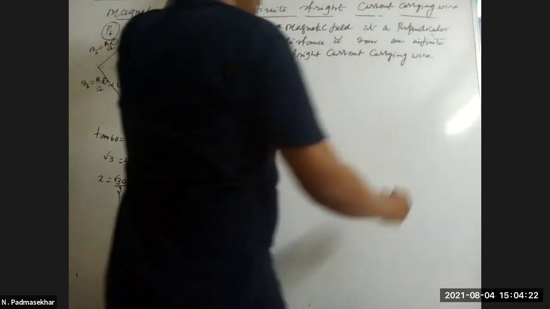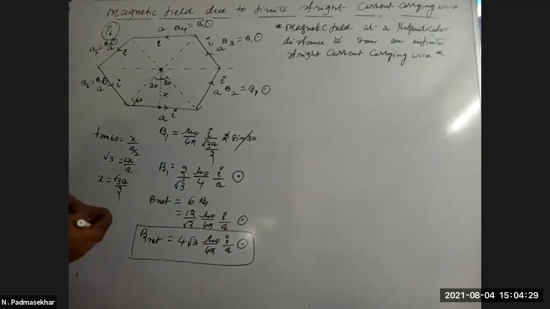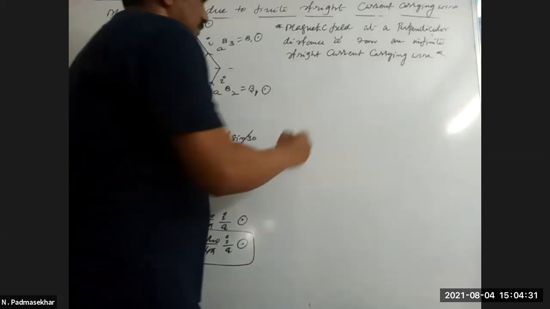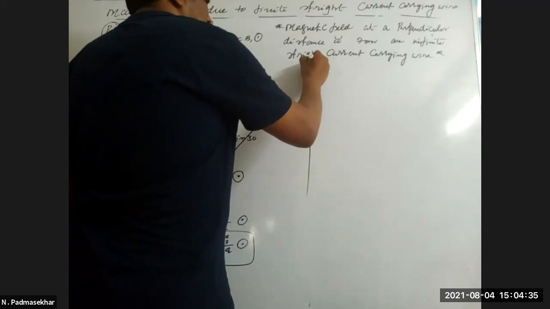The magnetic field at a perpendicular distance from an infinite straight current carrying wire. You see, this is the infinite current carrying wire.